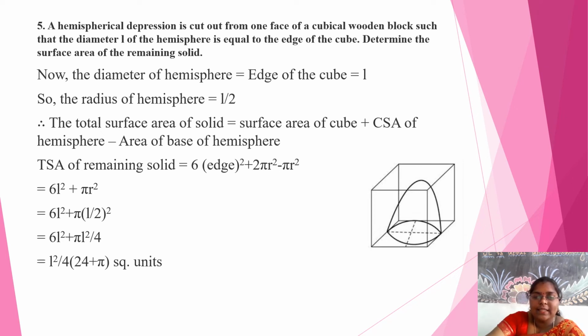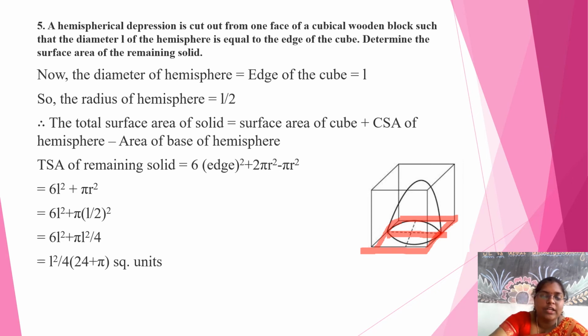See, here only they have mentioned the diameter L of the hemisphere. The diameter of the hemisphere is equal to the edge of the cube. Right? They have given this.